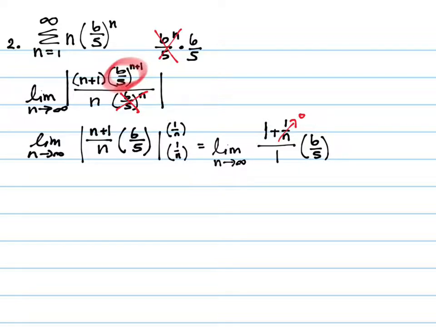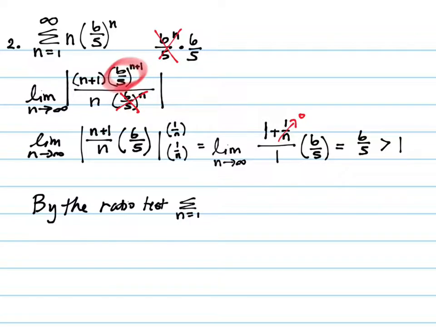So what's the limit of this thing? It's 6/5. What does that tell us? It diverges because this number is greater than 1. So by the ratio test, the summation from n equal 1 to infinity of n times 6/5 to the n diverges.